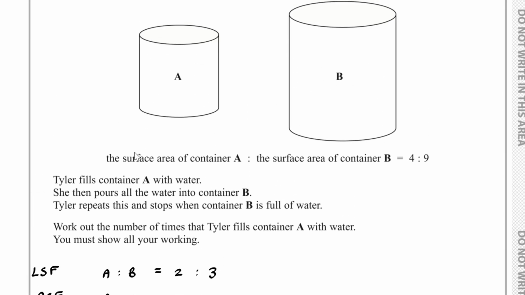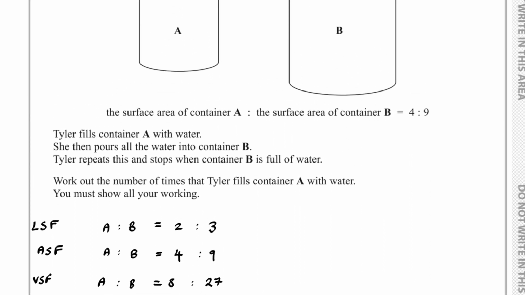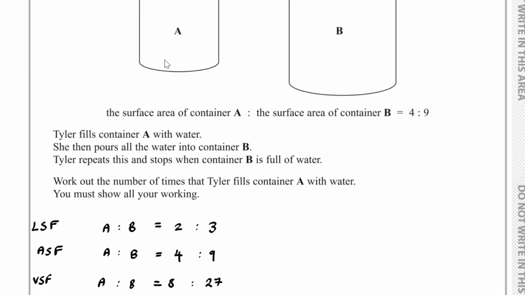So the idea is over here, we fill this up fully, and then we pour this into B continuously until there's no more space. Now, it doesn't matter what the volume is. Whatever volume we have over here, we multiply by 8, and here we multiply by 27. So essentially, we're trying to figure out how many of these 8s fit into this 27 over here.